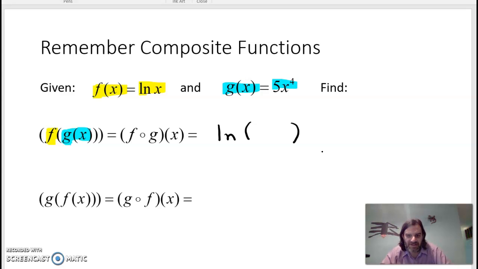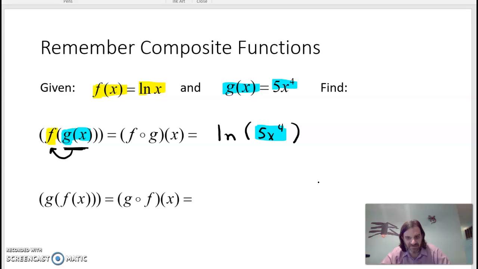So we're going to put in g. Well, our g function is 5x to the fourth. So I'm taking the g function and placing it into f. Okay, so g, which was 5x to the fourth, becomes the input of f, which is exactly what happens here. So that composite function f of g is natural log of 5x to the fourth.